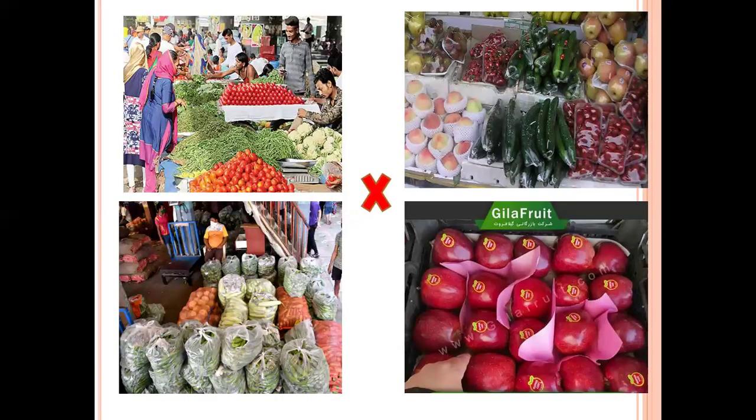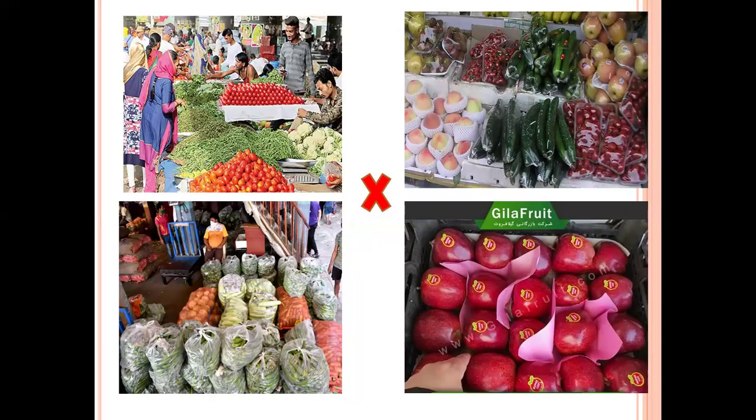Here I have put two different scenarios. The first depicts agriculture commodities in India. If we visit the local markets, the left-hand side image shows the commodities the marketers or retailers are selling.